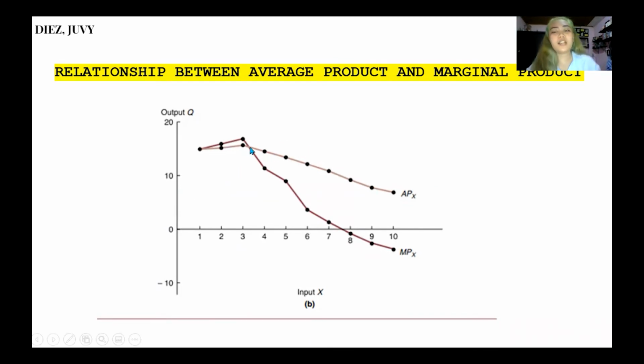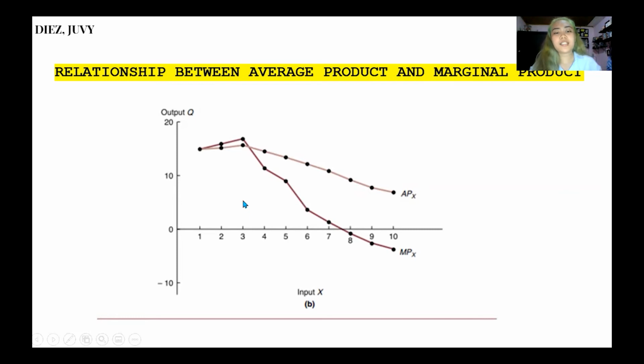So as seen in the graph, as long as the marginal product is greater than the average product, the average product rises until the third unit of variable factor. When the marginal product becomes less than the average product, the average product declines, as you can observe in the fourth unit of variable factor.